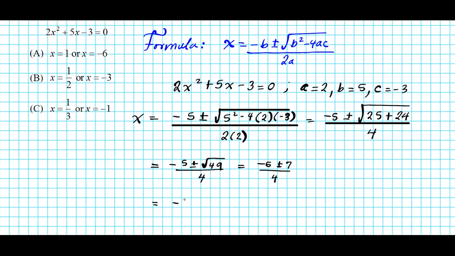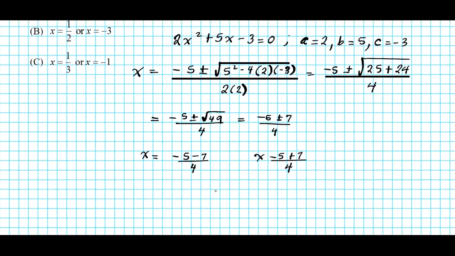Okay, so let's do the negative first. Negative 5 minus 7 over 4. That's going to be the first solution. And then the second one is going to be negative 5 plus 7 divided by 4. Now let's simplify.